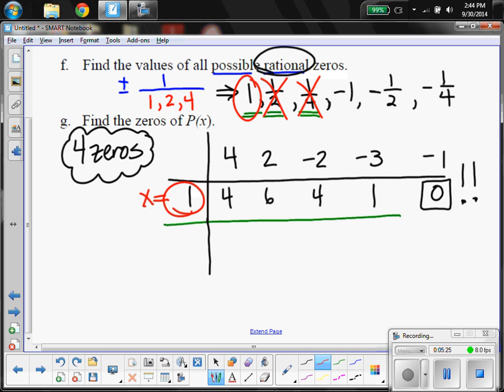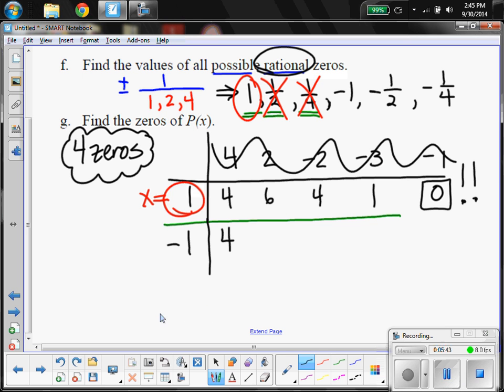So, you know, the only option I can do right now is to just try these three negative real zeros and hope to goodness I find one of them. So let's try negative 1. I'm bringing down the 4, and I'm ignoring these top numbers now because those were for my original p of x.